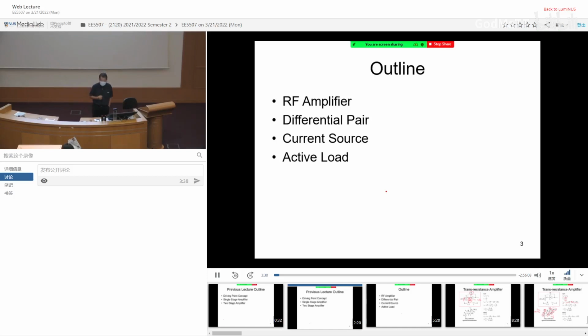And then we'll move on to talk about the differential pair. This is a very important, critical building block. This is the fundamental building block for the op-amp. So for the differential pair, we are going to analyze it in great detail, focusing on what the important things are, what makes it interesting.